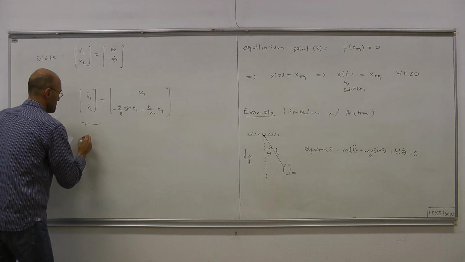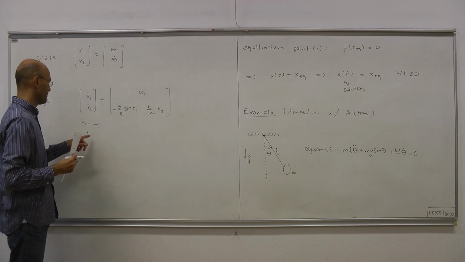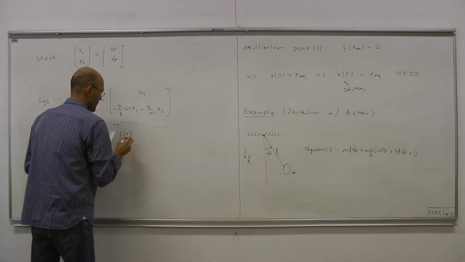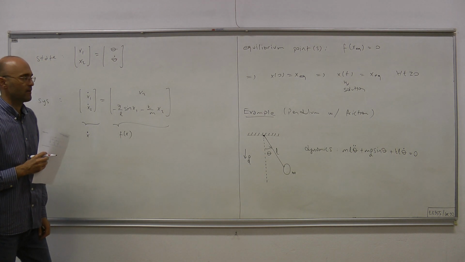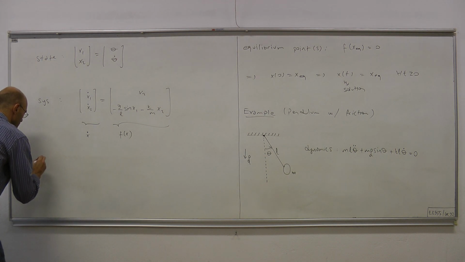So this is what we call the derivative of the state with respect to time. This is x dot, and what appears here is our right hand side, f of x.